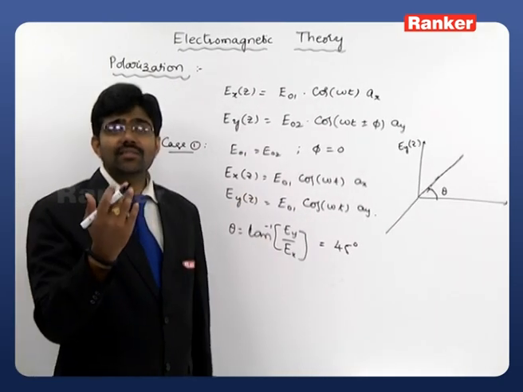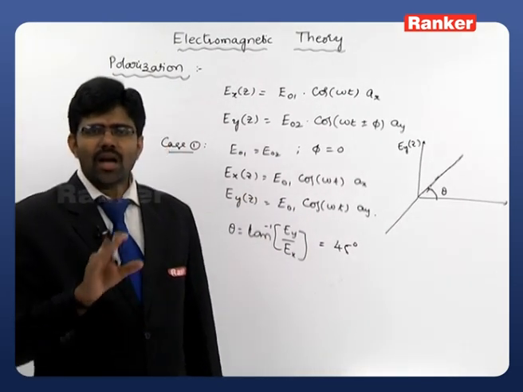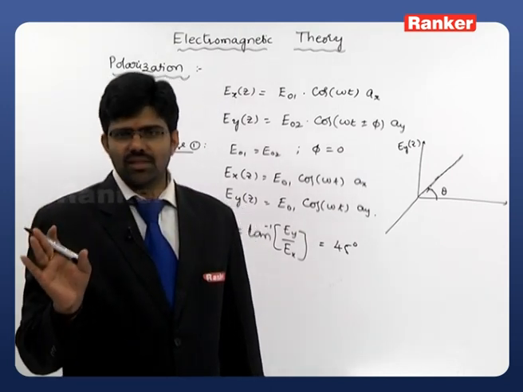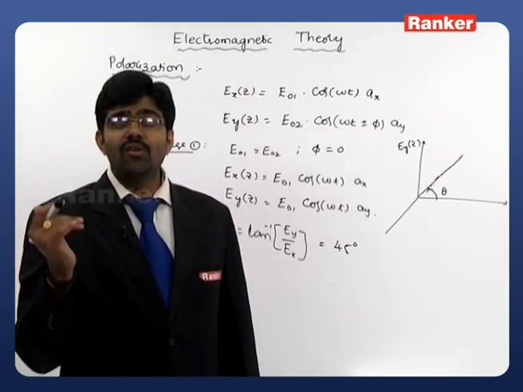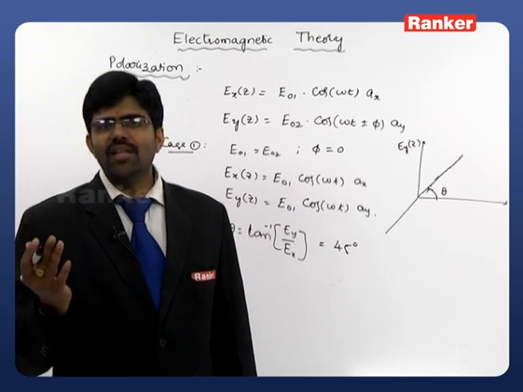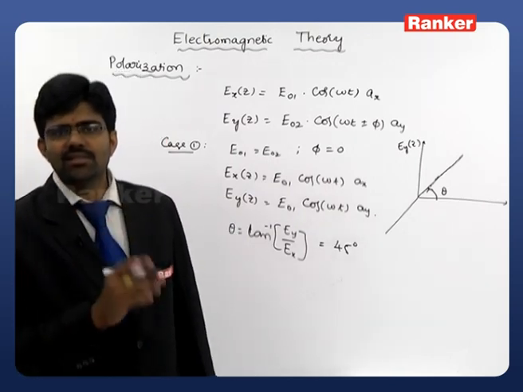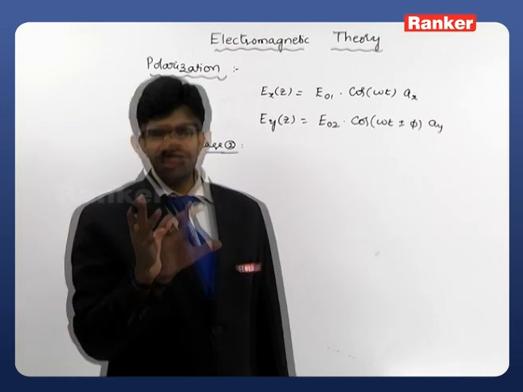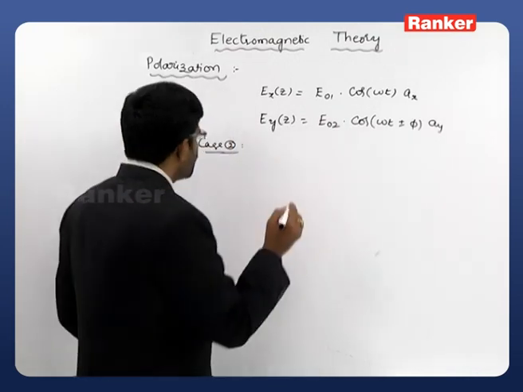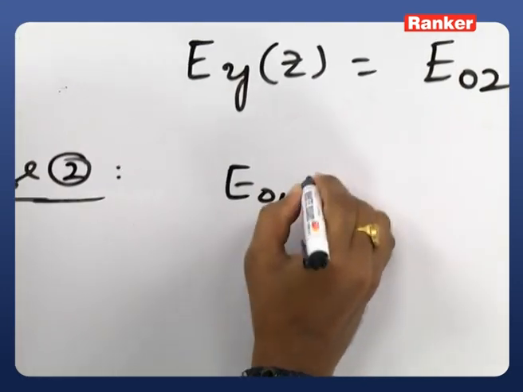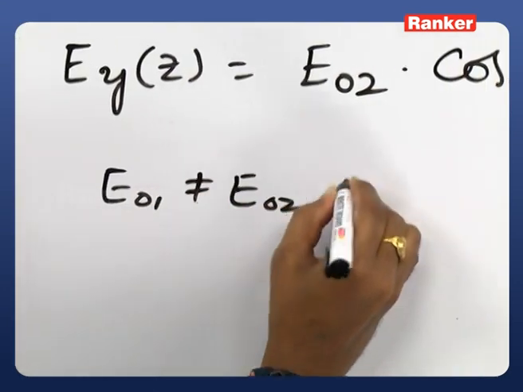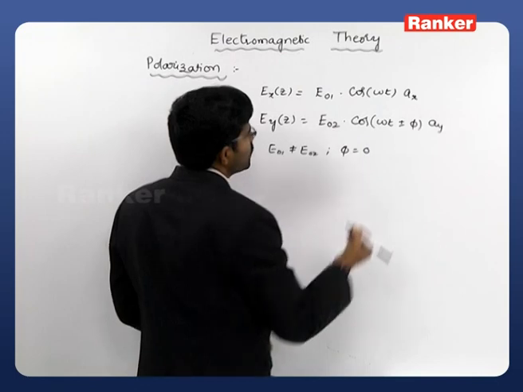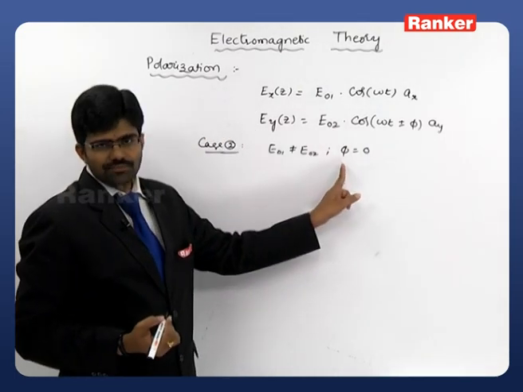Now I will consider the second case. In that second case, I will consider once again the same phase, that is, the phase difference is 0, but I will vary the amplitude. If I vary the amplitude, what happens? Just observe as case 2. In this case, I am considering two different amplitudes, that is E01 is not equal to E02, but the phase difference between these two is 0, right?